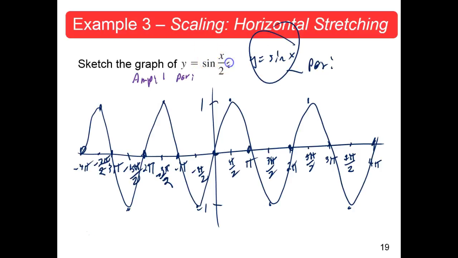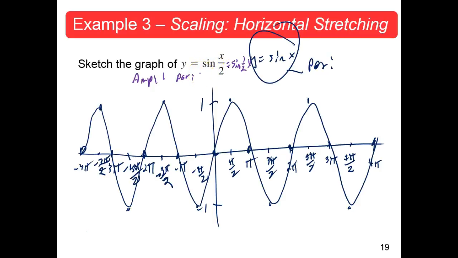Let's rewrite this ever so slightly as sine of 1/2 x. That's the same thing as x over 2, right? Okay. So what's your b there? 1/2. And what's your period?